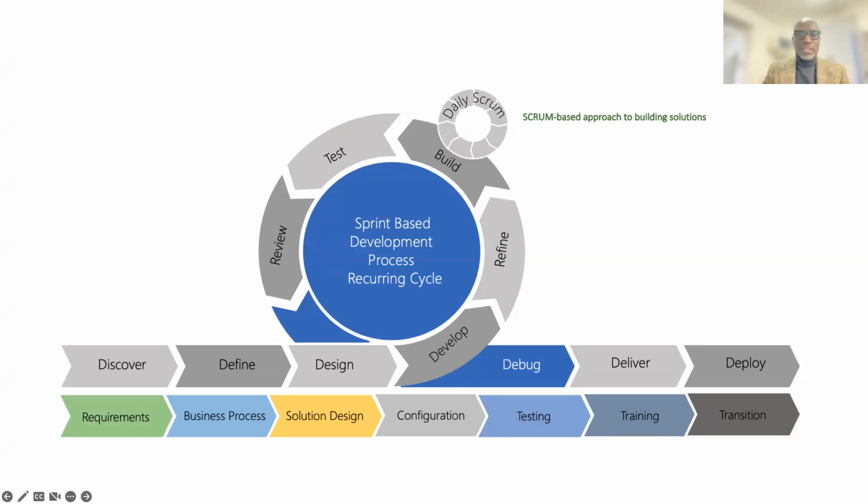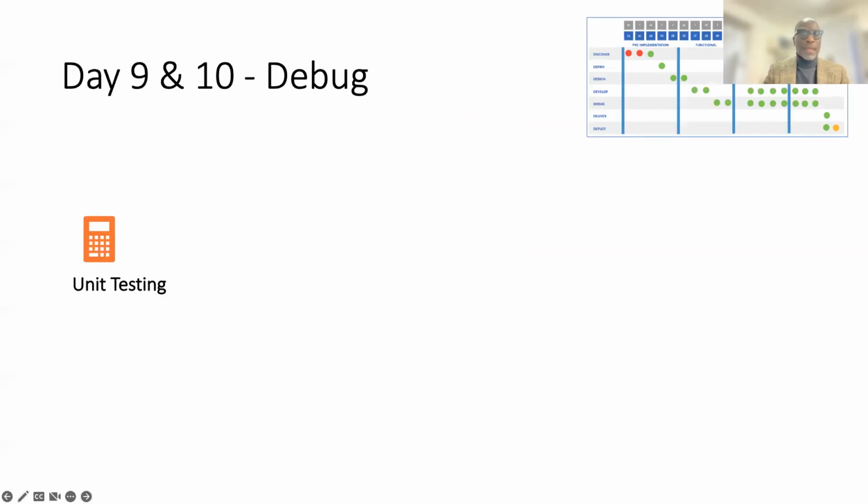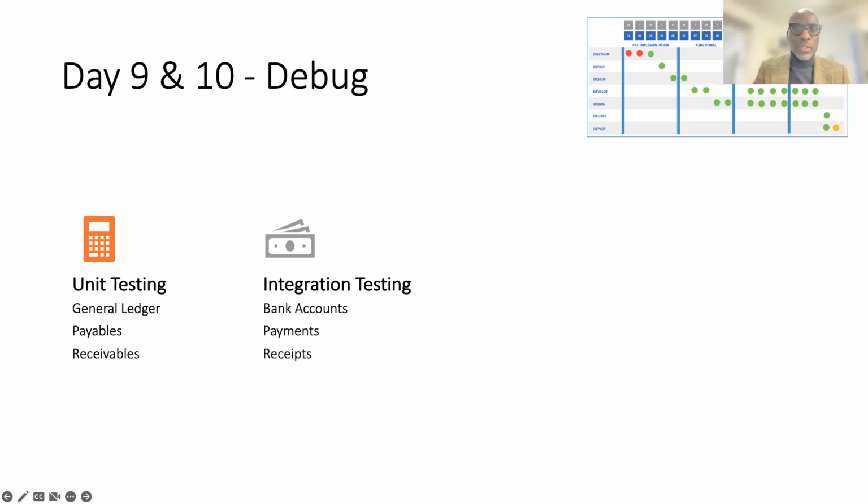Yesterday and the day before, we started off by building the GL and AP/AR. So we've gone through that. Today we're going to be looking at the integration part of the initial testing, and this is where we kick in with banks. Banks are mainly for the outbound interfaces going out to the bank, and also for receipts for funds that we'll be receiving.